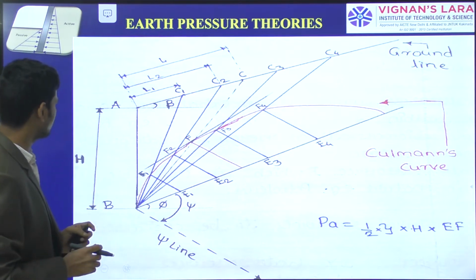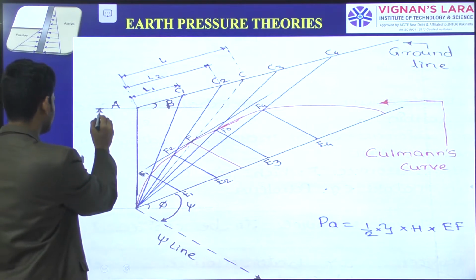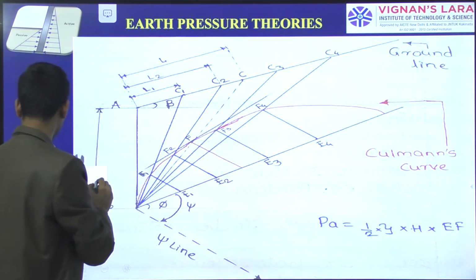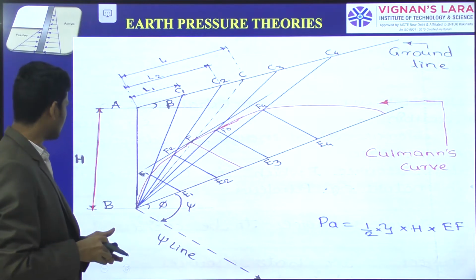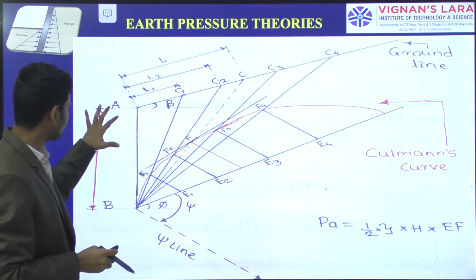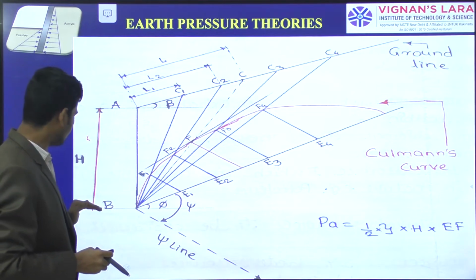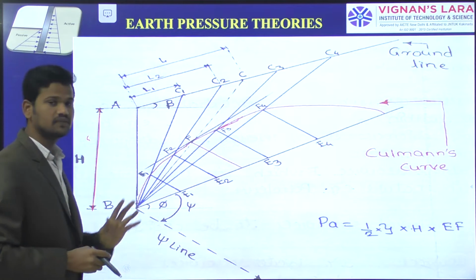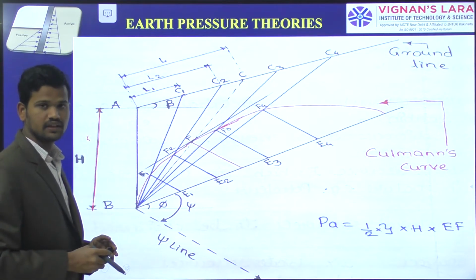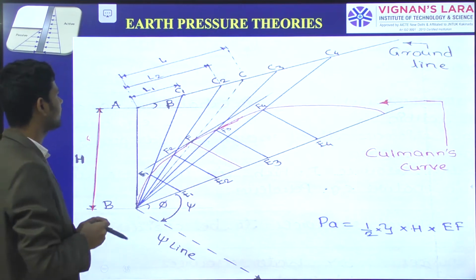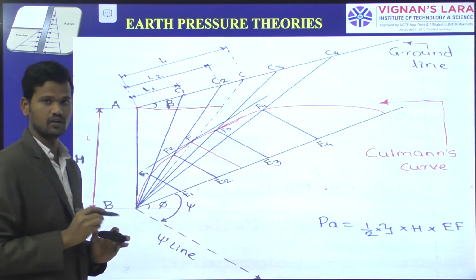Suppose this is the height of the retaining wall H, and I am taking the height of the retaining wall in two parts, A and B, where B is the bottom part of the retaining wall height and A is the top part. This is the level horizontal ground surface.